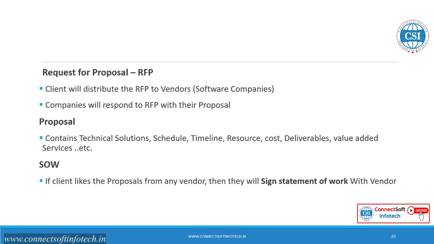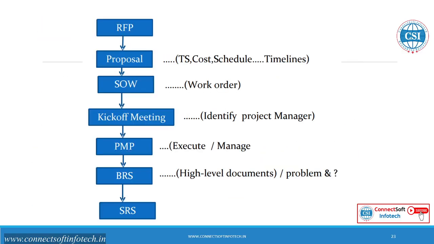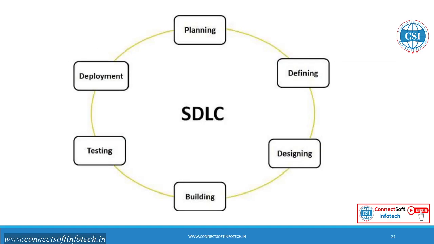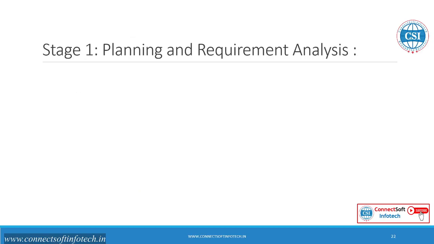Suppose there is a client and the client wants to develop a software, a banking application. How will the client interact with the industry? First of all they use an RFP, that is a request for proposal. We see here our SDLC process: planning, defining, designing, building, testing, deployment.